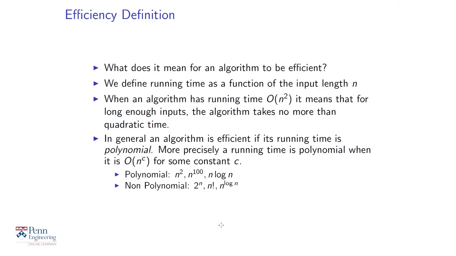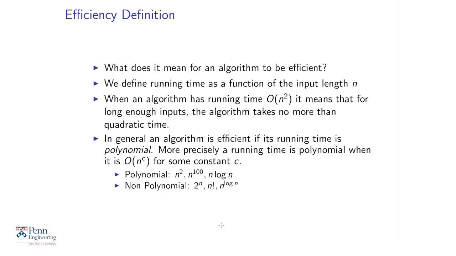If you run it on an input of size 11, it'll take 2,000 steps. And if you keep going, if you run it on an input of size 20, it takes 1,000,000 steps, roughly. And if you run on an input of size 30, it takes 1,000,000,000 steps. So it's quickly getting out of hand. An exponential time algorithm is not practical to run for any n that's reasonably large, because the time keeps on blowing up.